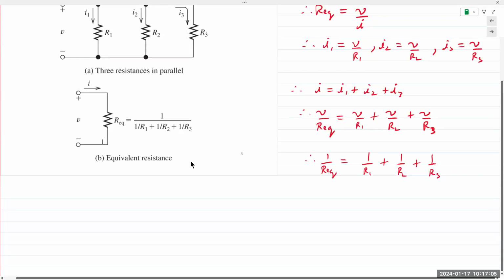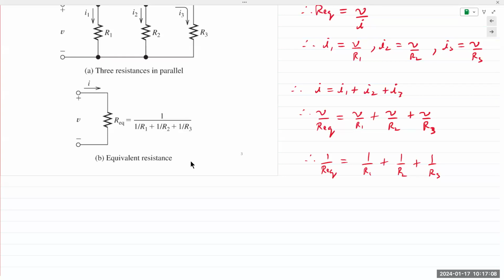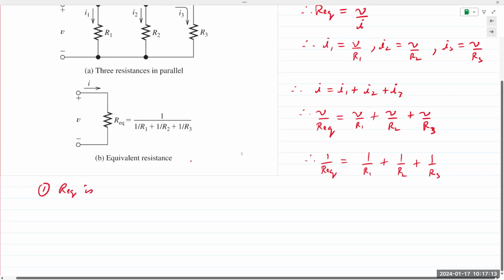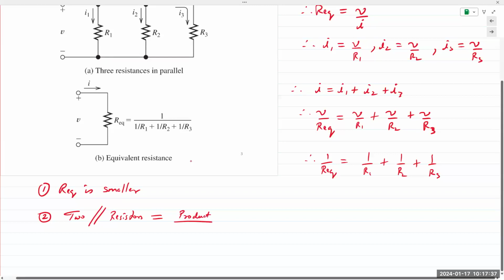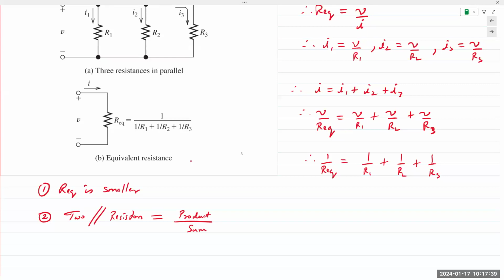The second point is kind of like a shortcut. If you have two parallel resistors, the answer for that Req is simply the product of the two divided by the sum of the two.